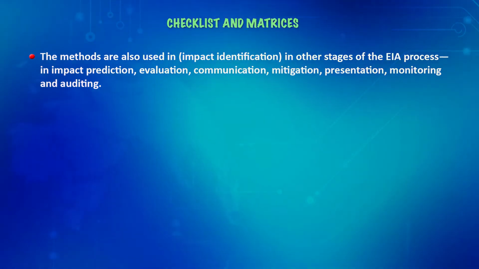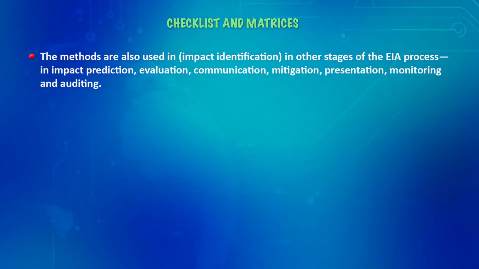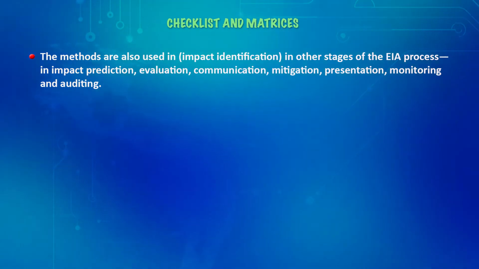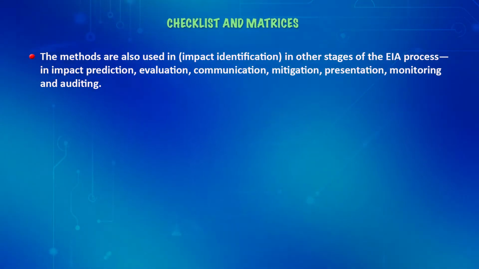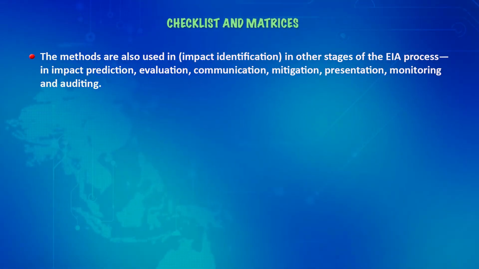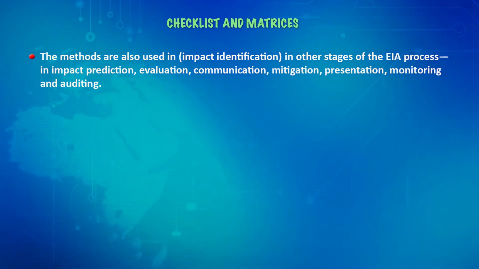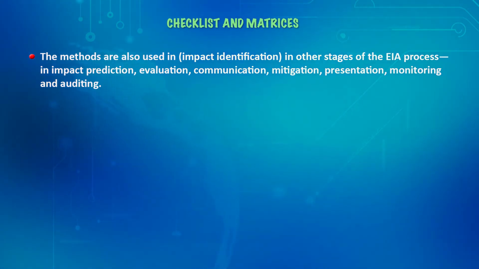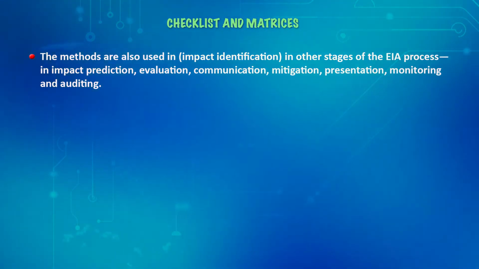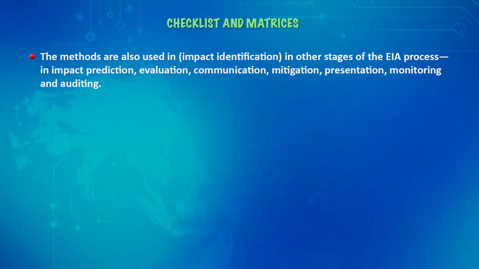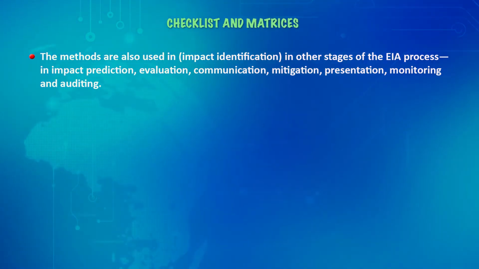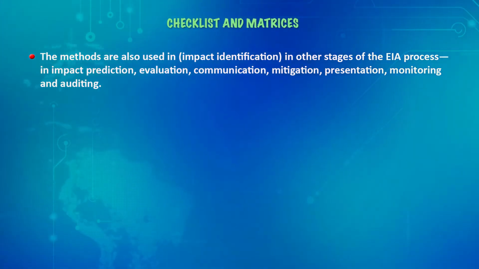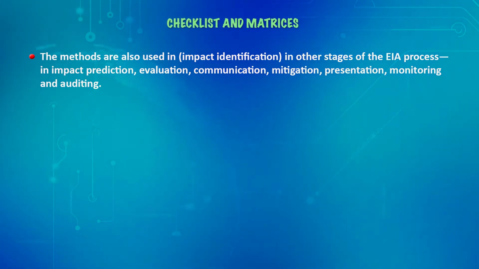Finally, whatever we are doing has to be presented in a properly understandable manner, with clarity and brevity, and all this is possible using these methods. So these methods are not only for impact identification, they are used for the different steps involved in the EIA process.